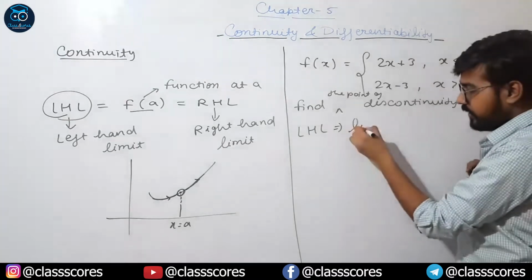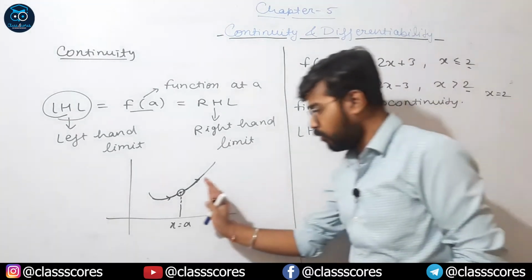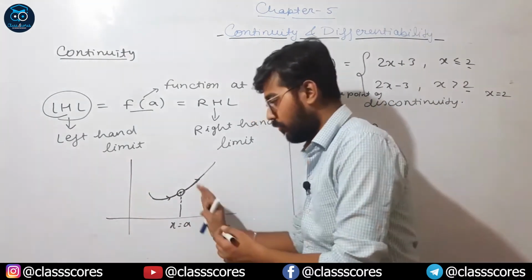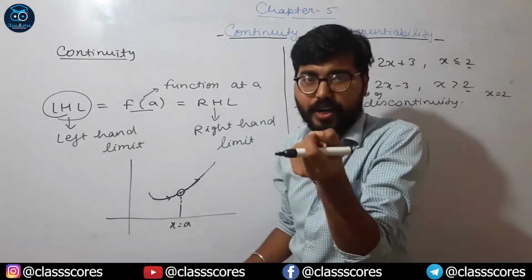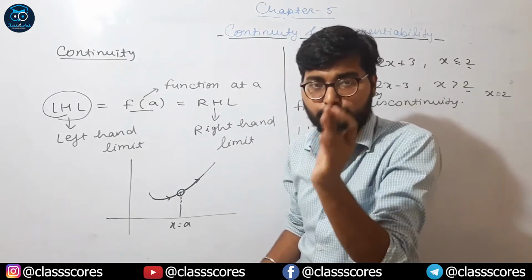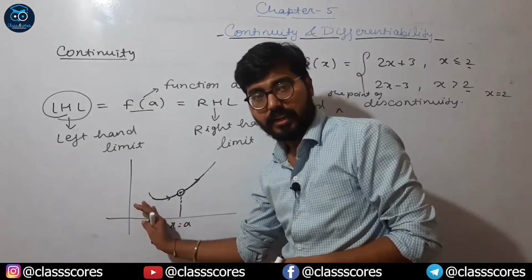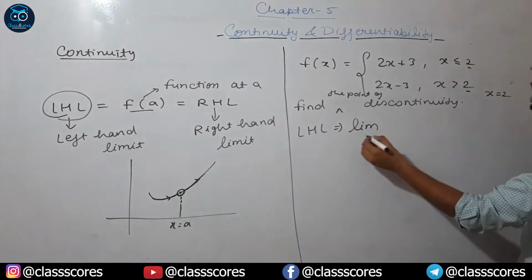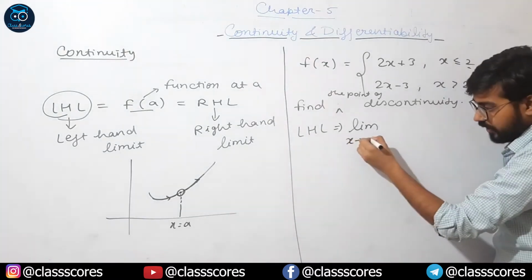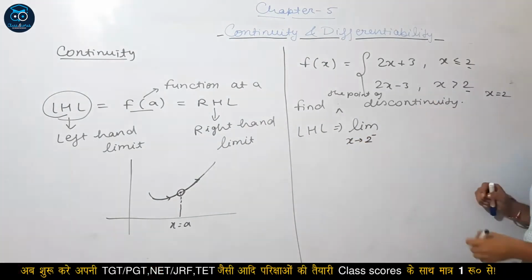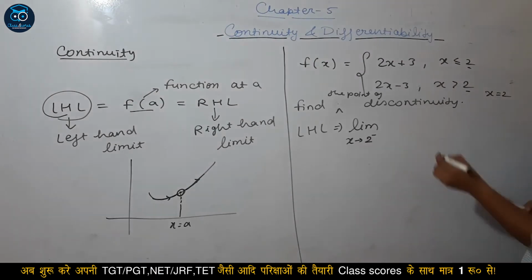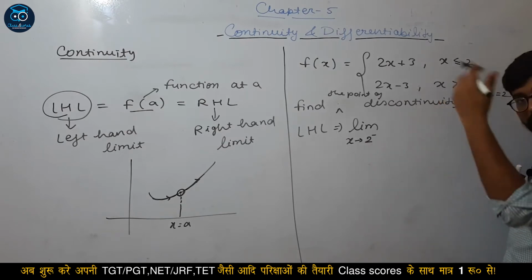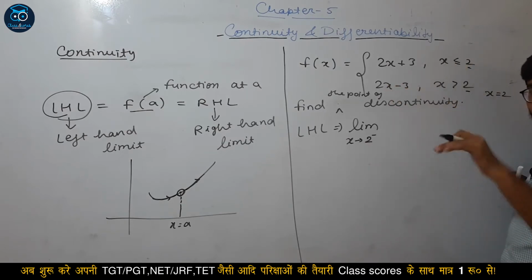For LHL we have to move towards the left side of 2. When we subtract a minor quantity from 2, we get the left part. So we write x tends to 2 negative, meaning a very small quantity is subtracted from the number 2, and we get a value less than 2.